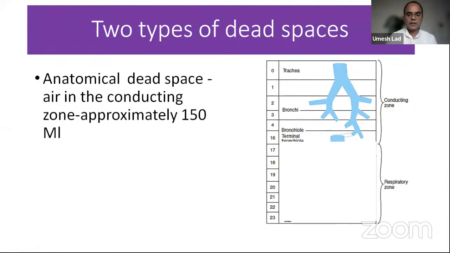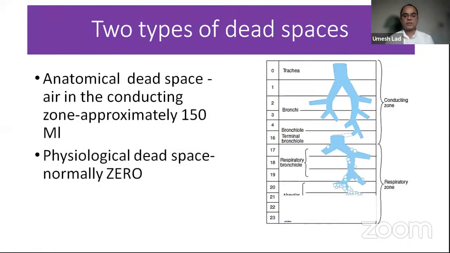Now the second is called physiological dead space. Physiological dead space is from the 16th branch to the 23rd, that is the alveolar sac at the end, and this complete zone is called the respiratory zone. And if you see here, a small amount of exchange is possible from zone 17 onward.